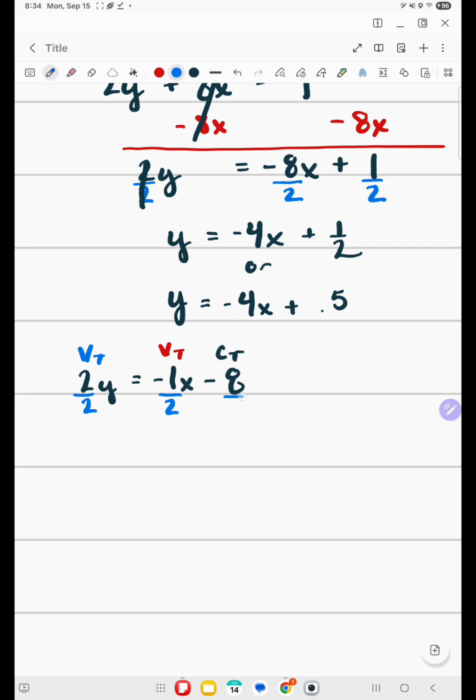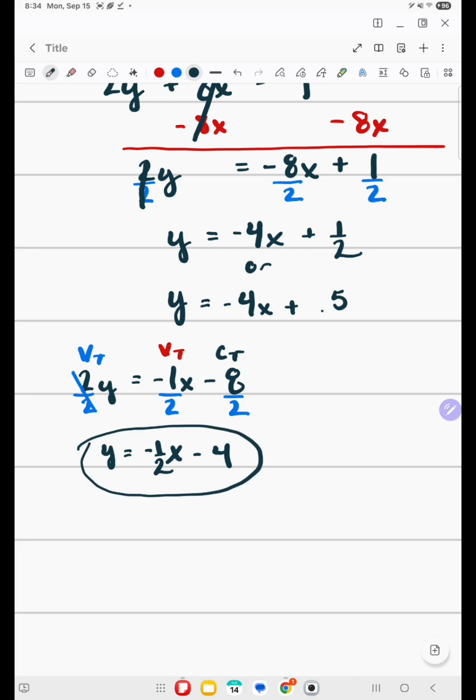The 2's cancel, and y comes down. Negative 1 over 2, leave that as a fraction because it is with the variable term. Negative 8 over 2 is negative 4. And you have y by itself.